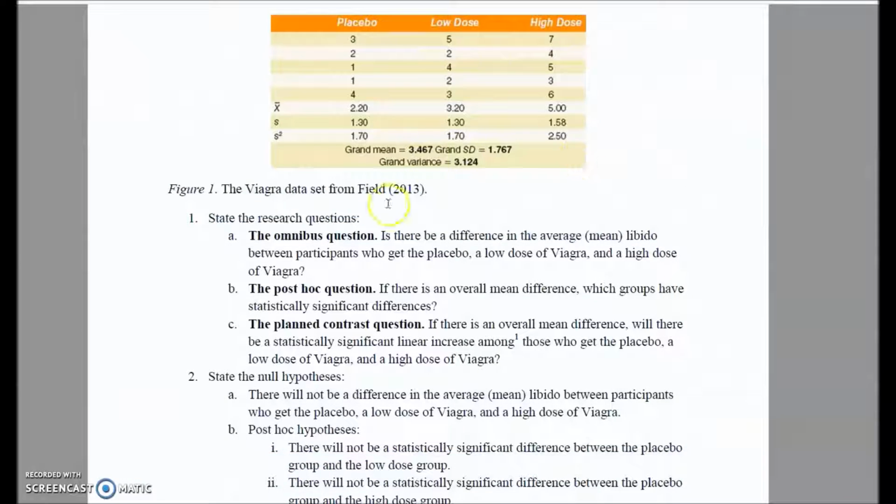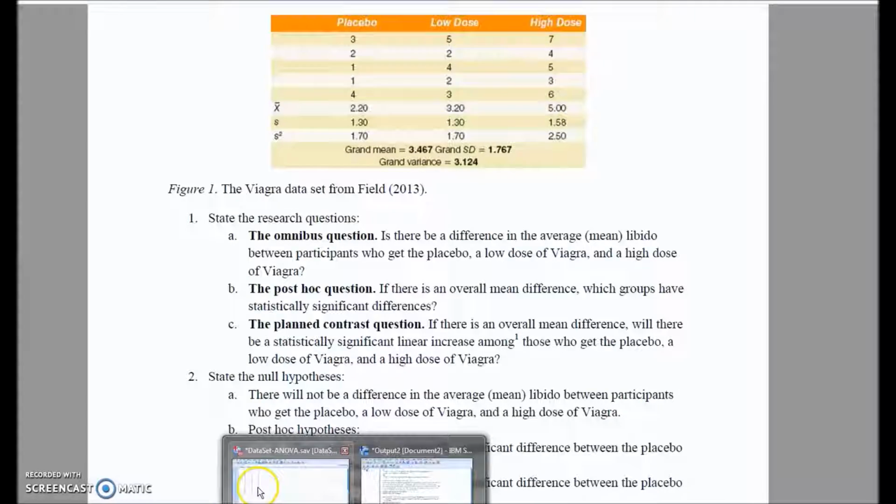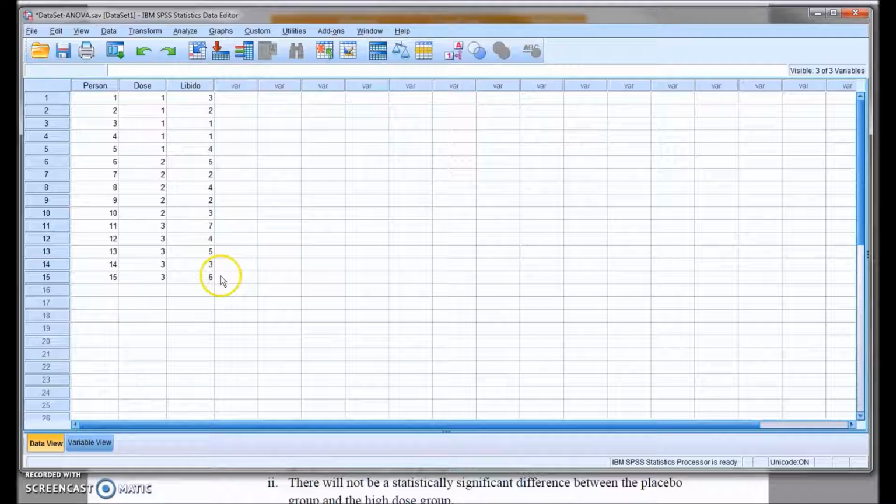I just took these values and put them in a straight line like this. On D2L, you are going to see a SAV file with this data set and also an Excel sheet with the data set. Once again, you do not have to do any SPSS.